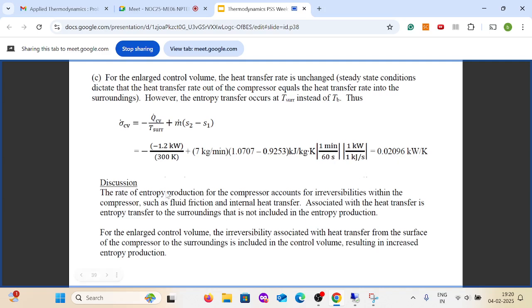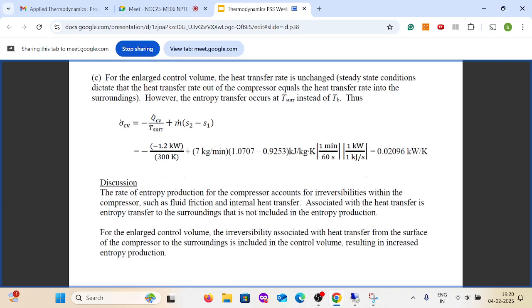The entropy generated is because of the fluid. This has already been discussed in the previous week, that this happens because of fluid friction and so on in the compressor, and friction in the bearings, and there is also an internal heat transfer happening, which also increases entropy generation.